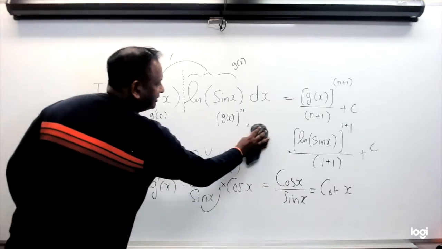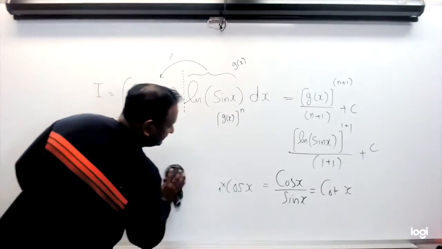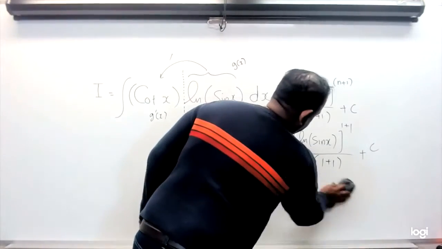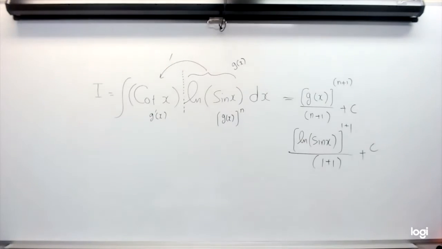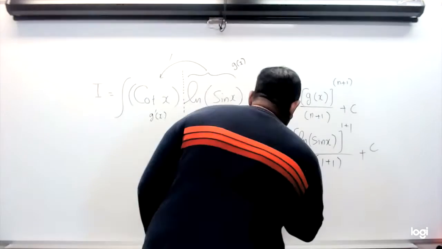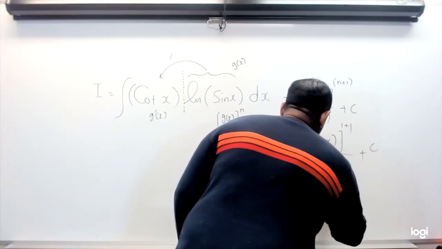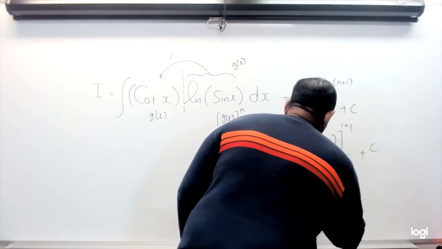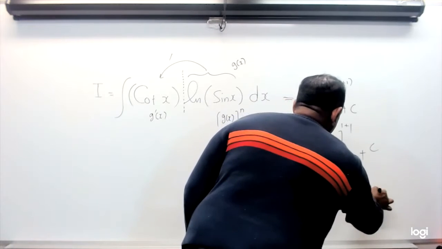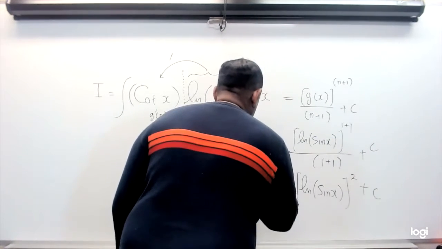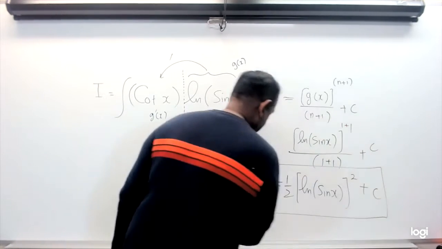I'm going to delete this one so you can see clearly. That means your answer is, without doing anything, ln of sine x, whole thing to the power of 2, plus c.